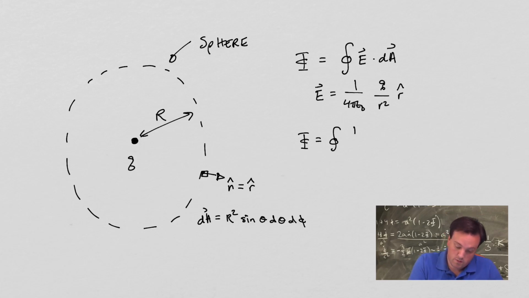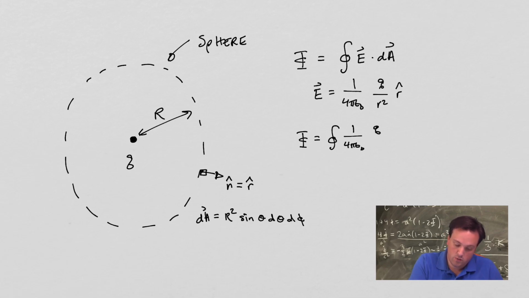I have a 1 over 4 pi epsilon naught. I have a q over r squared. Now technically the r squared is evaluated at the surface in question, and therefore it's really a capital R squared because I'm evaluating the field strength on that surface. And then I have r hat dotted with r squared sine theta d theta d phi.